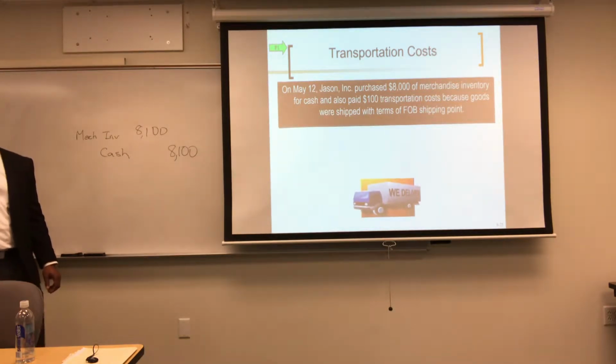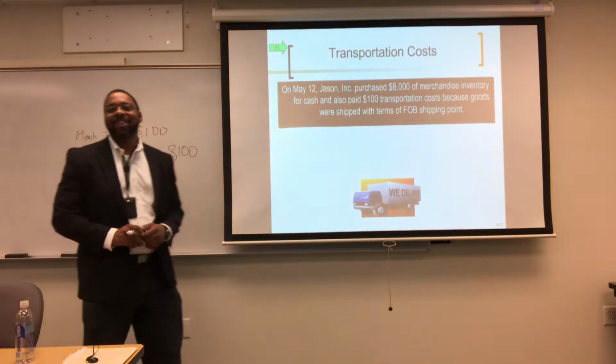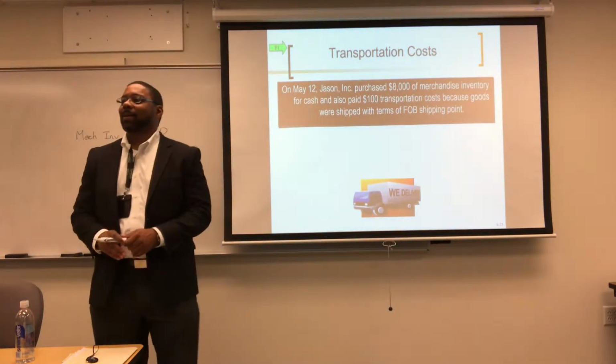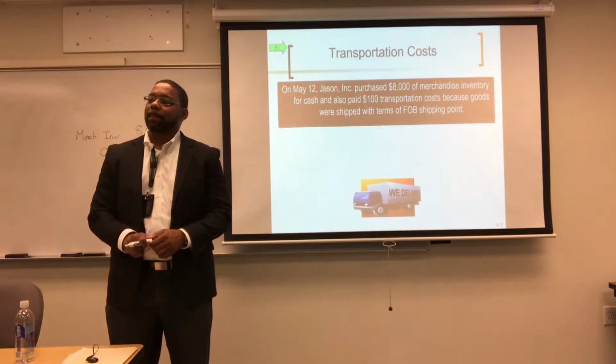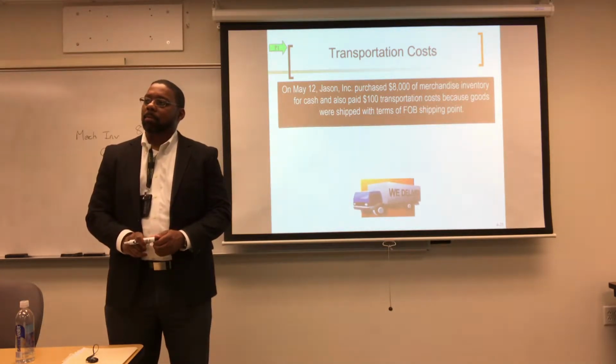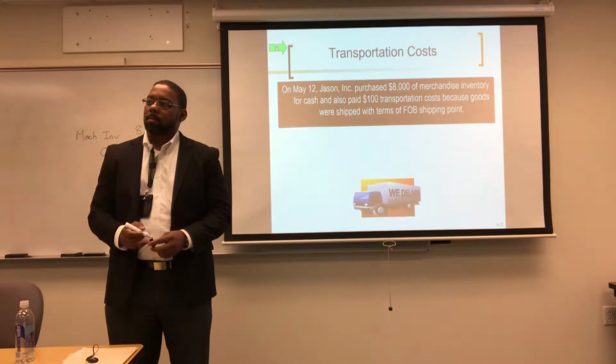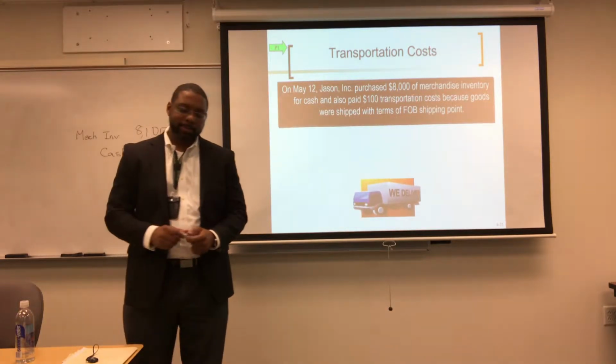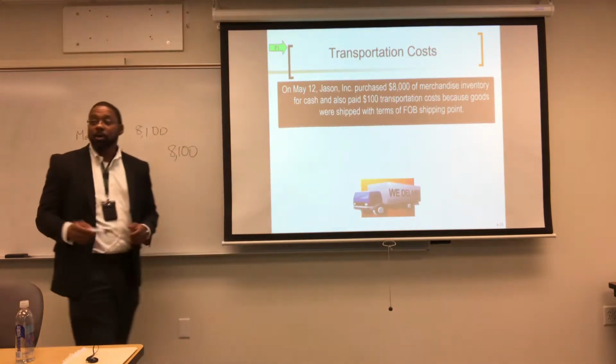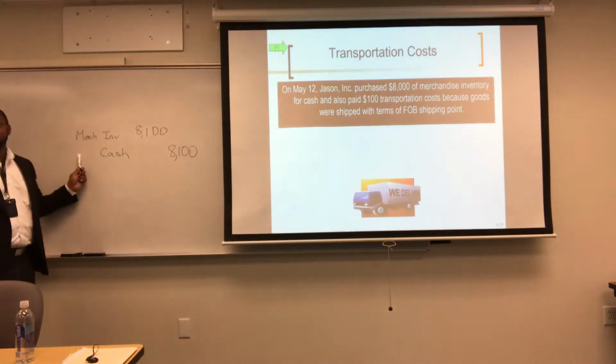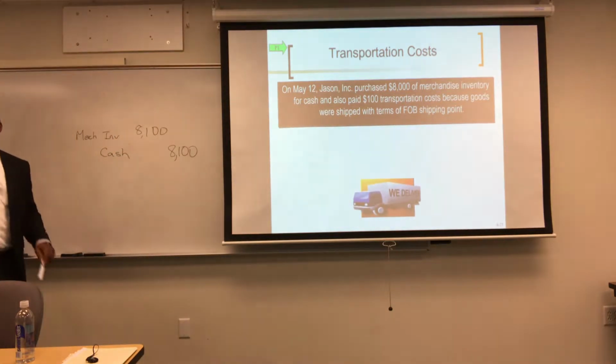We're accountants. It can't be the answer just because it's simple. Go ahead, what were you going to say? It should include the cost to bring the product up for sale. So you're correct. It is 8,100.